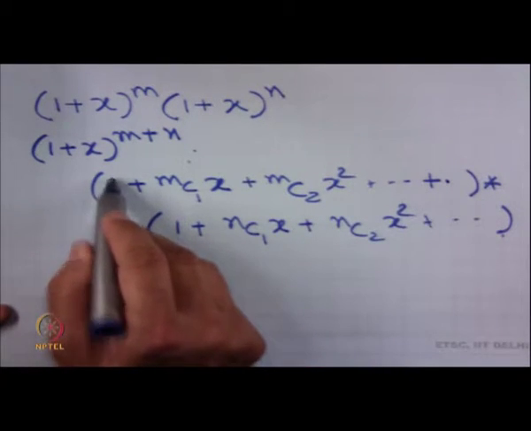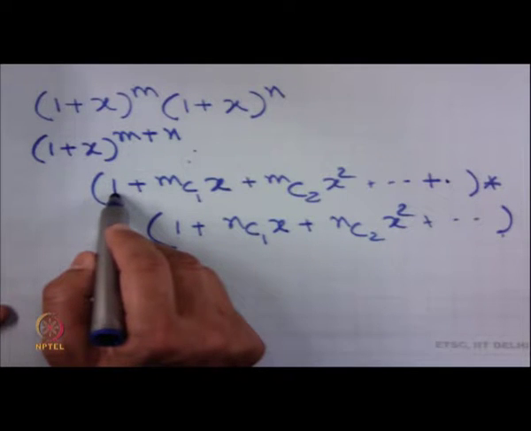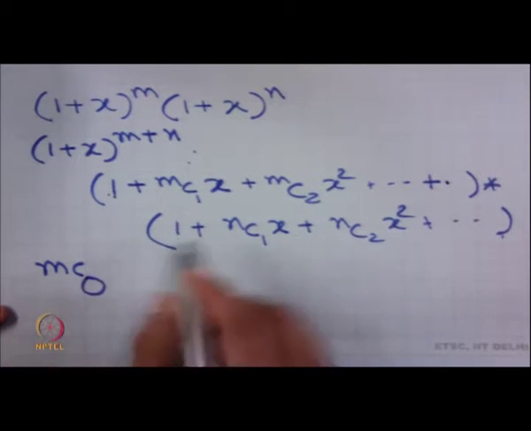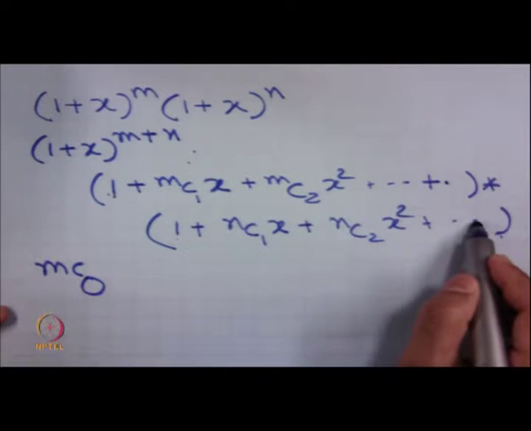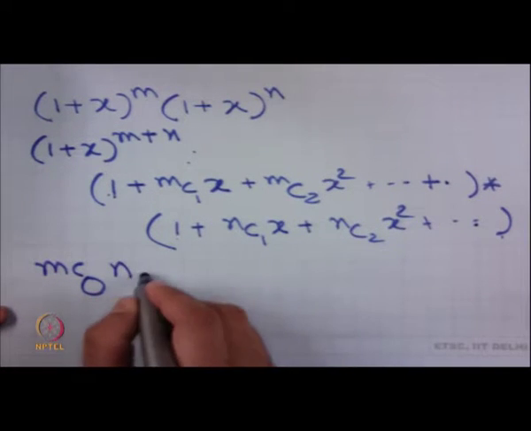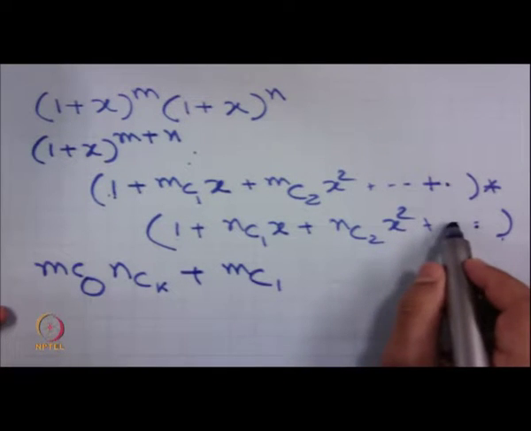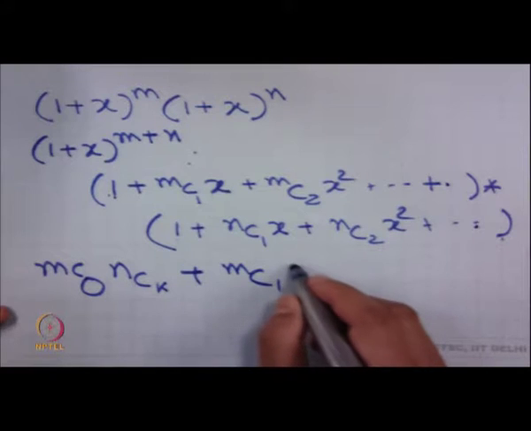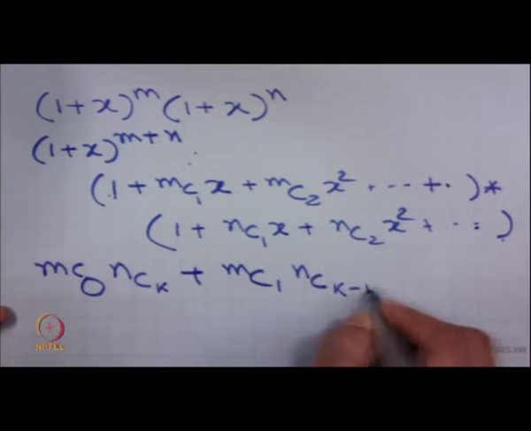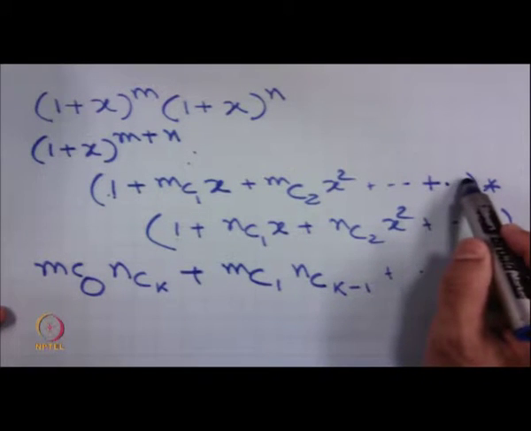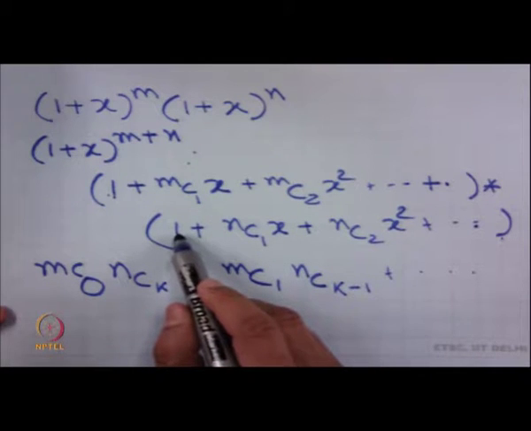Therefore, if we consider the coefficient of x to the power 0 here, which is m c 0, and multiply it with the coefficient of x to the power k here, that is n c k, plus m c 1 into the coefficient of x to the power k minus 1 here, which is n c k minus 1, and like that, the coefficient of x to the power k multiplied by the coefficient of x to the power 0 here.